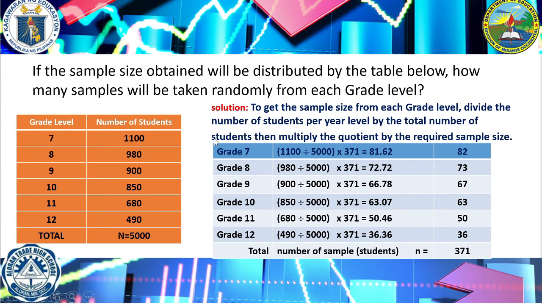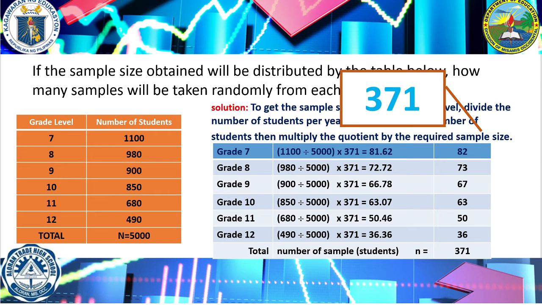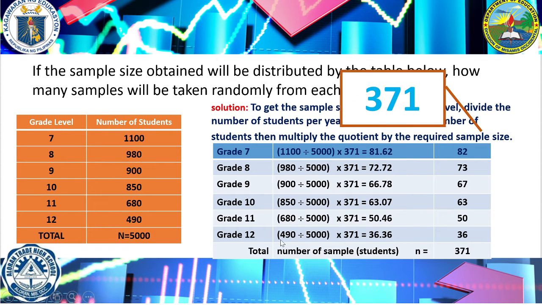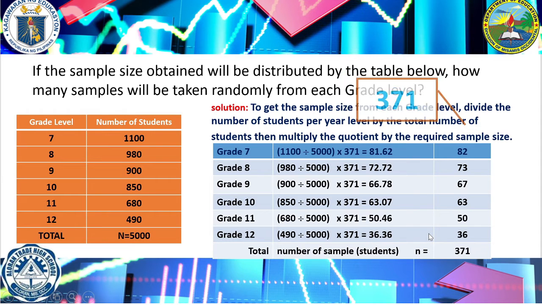Then we have grade 8, which is 980 divided by 5,000 multiplied by the required sample size of 371, and the result is 72.72 rounded up to 73. We do the same process until the grade 12 level. Do you have any question on this? That is how we get the sample size randomly from each grade level.